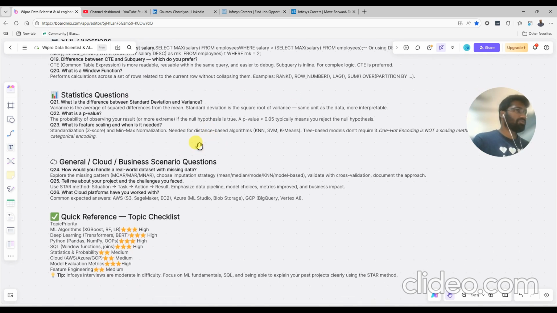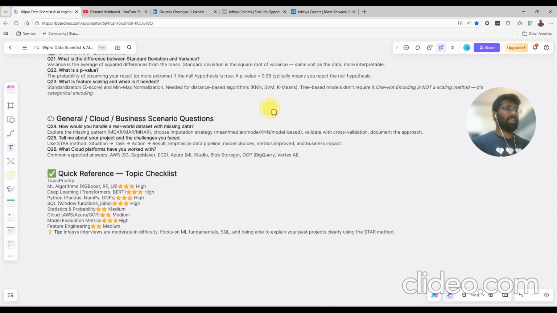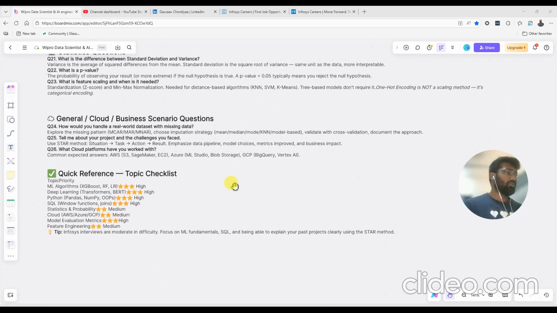Now statistics questions. One of the most highly asked question areas was statistics when I was earlier in data science. Now they don't ask as many questions on statistics. Now interviews have advanced questions on generative AI and what tools you use and whatnot.